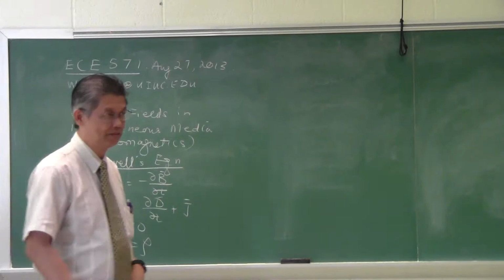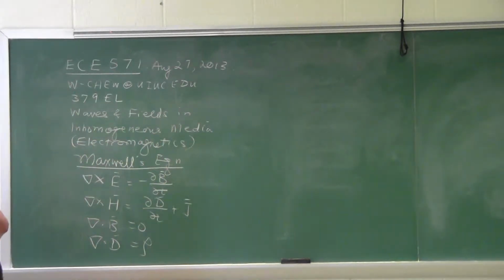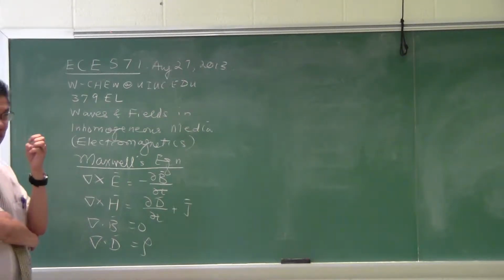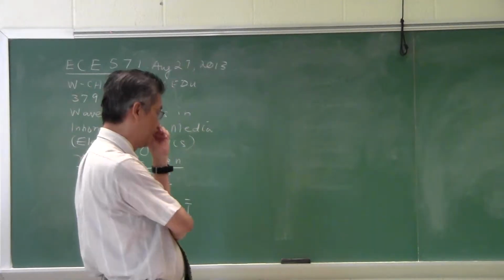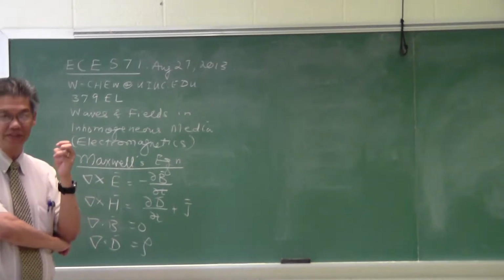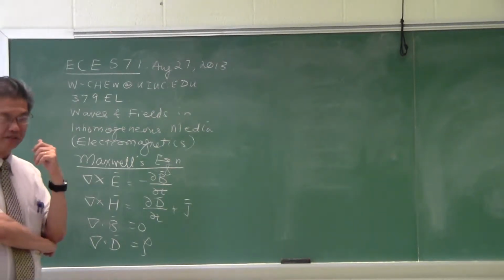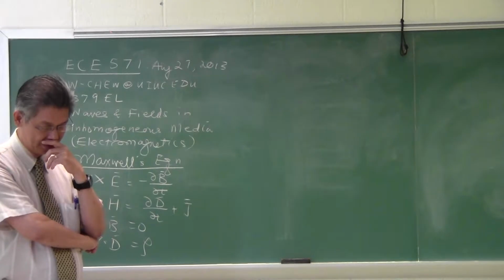And the wonderful thing about these four equations is that they are valid from atomic length scale to galactic length scale. These equations are responsible for the propagation of radio waves from outer galaxies to us. But yet, these four equations are responsible for the electromagnetic forces that we see inside an atom, like the Coulomb interaction and so on. You can derive Coulomb's law from these four equations.